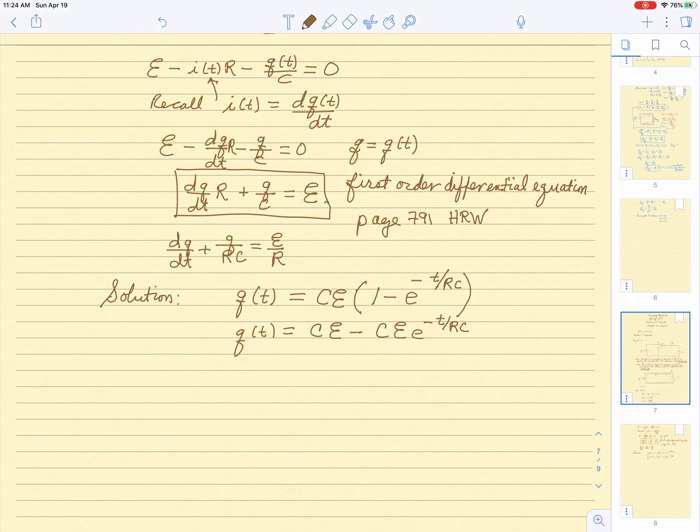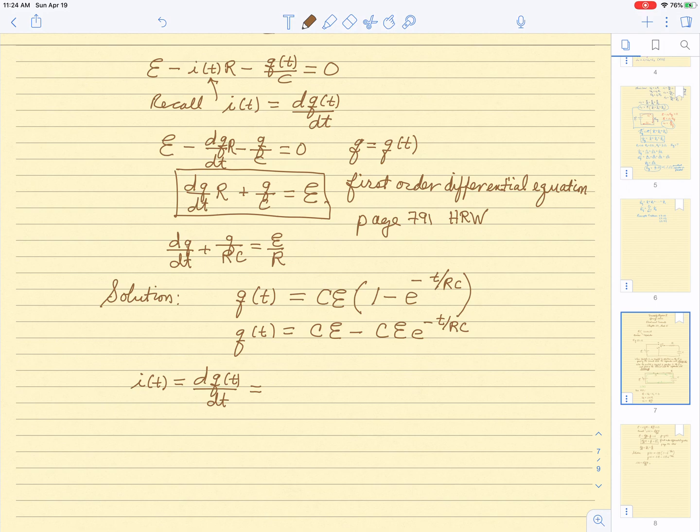Now, if we were to look at the current as a function of time, it is going to be the first derivative of Q with respect to t. E and C are constants, so that will give you 0.